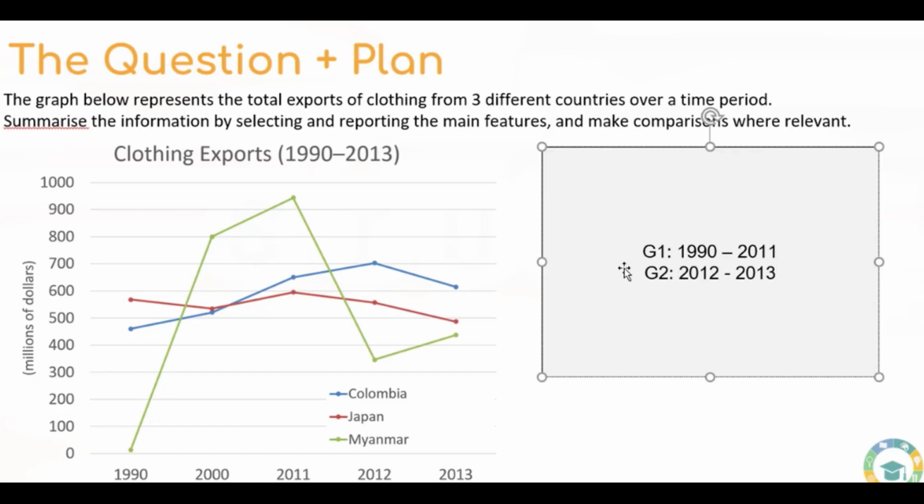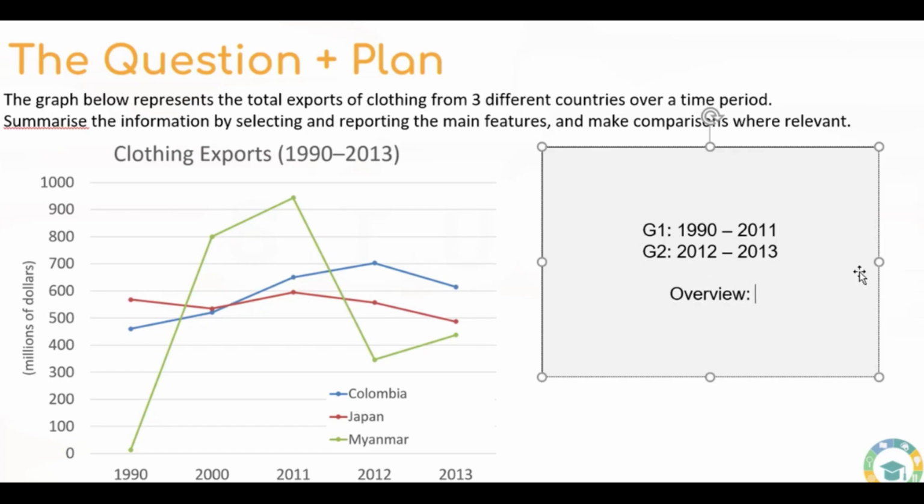So in my first detailed paragraph, I will describe all 3 countries between the years of 1990 to 2000 to 2011. And my second group, which will be detailed paragraph 2, will be all 3 countries described again in 2012 and 2013.